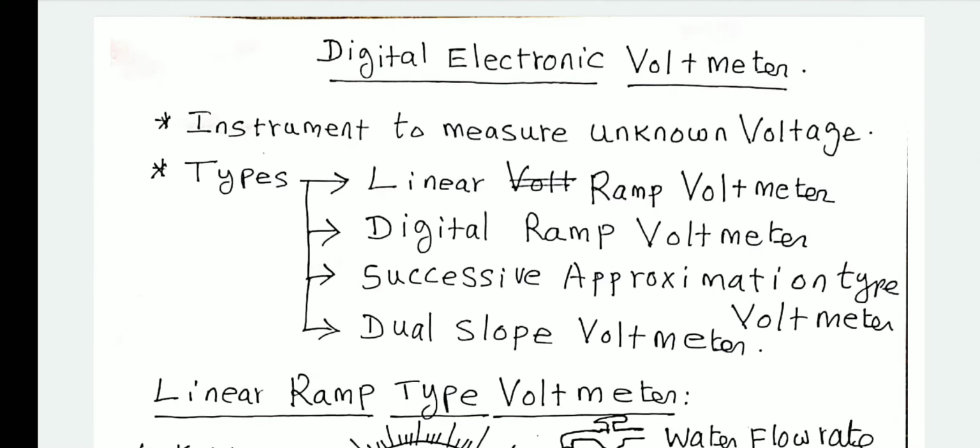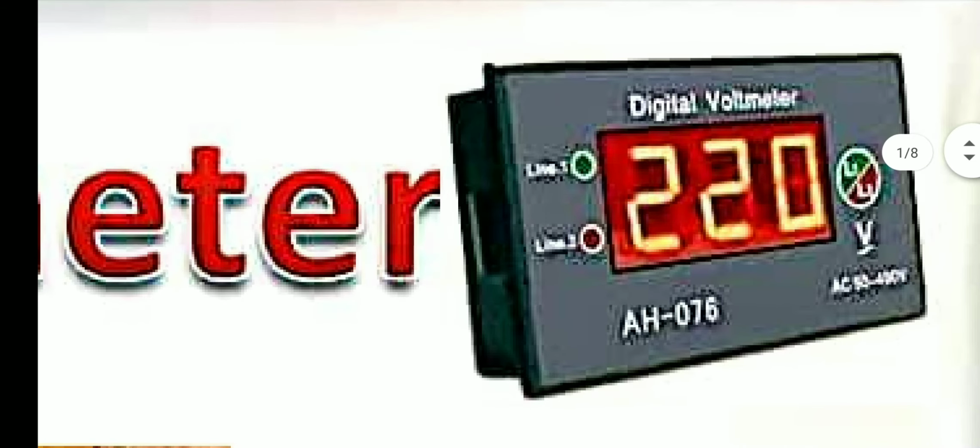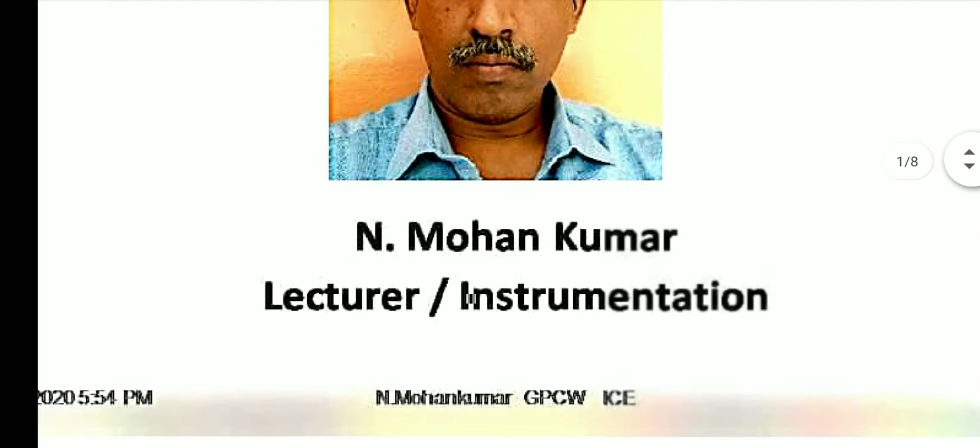Basically, a digital electronic voltmeter is a digital instrument to measure an unknown voltage and indicate it as digits, something like this. This is one of the digital voltmeters. It will indicate the voltage by means of digits on a 7-segment display, LED display or LCD display, and anything we can construct.